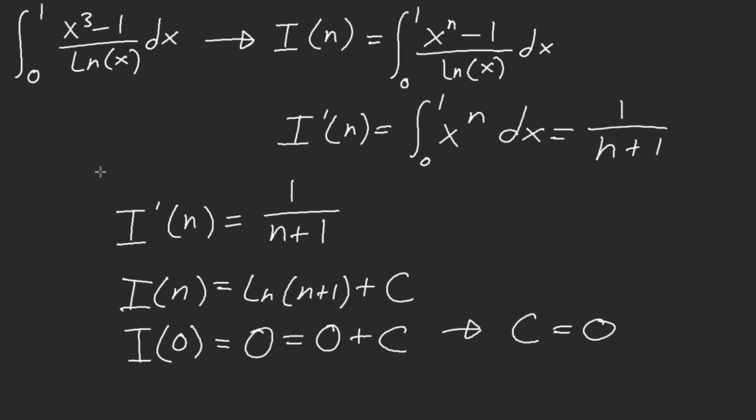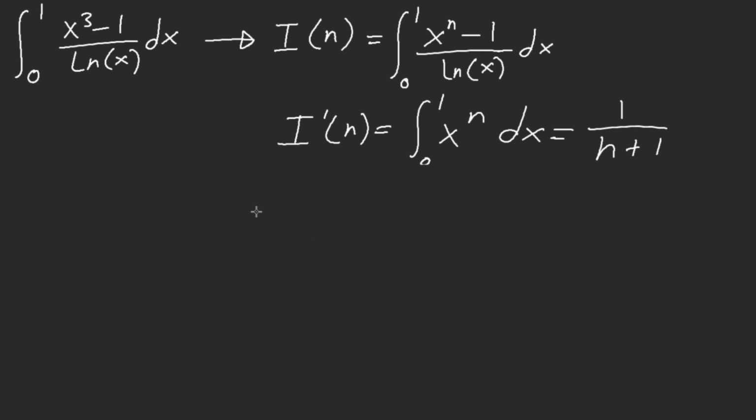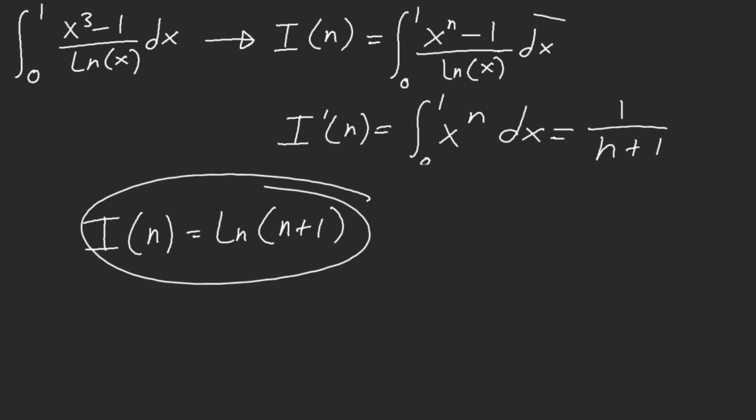So now we know that I of n is just equal to ln of n plus 1. And that's it, because we know c is equal to 0. So this is our integral function, in terms of the integral form, and this is our integral function in elementary form.